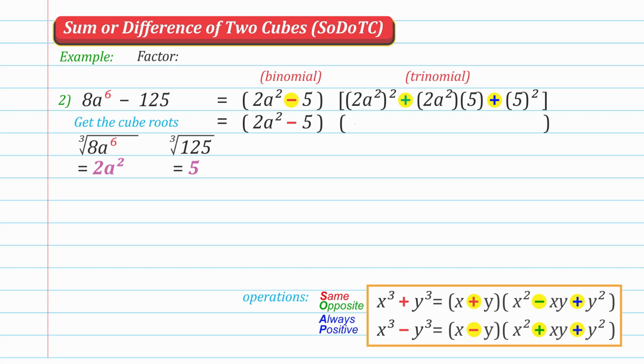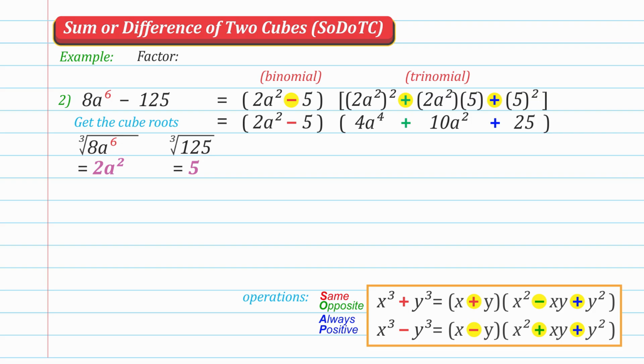Quantity 2a squared is 2 squared, that's 4. a squared is a to the 4th. So it's 4a to the 4th. Recall the rules of exponents. Next, 2a squared times 5 is 10a squared. And finally, 5 squared is 25. That's it. So we have factored this difference of 2 cubes.